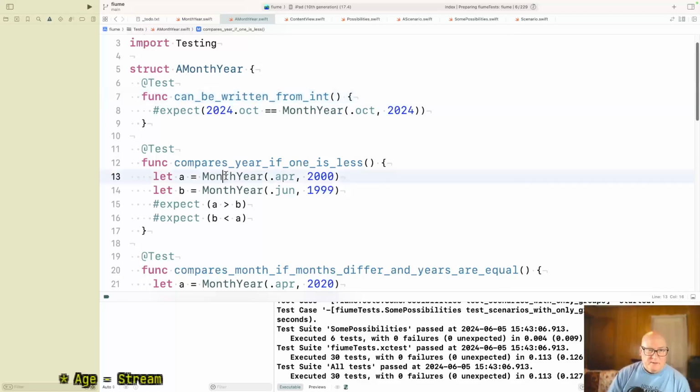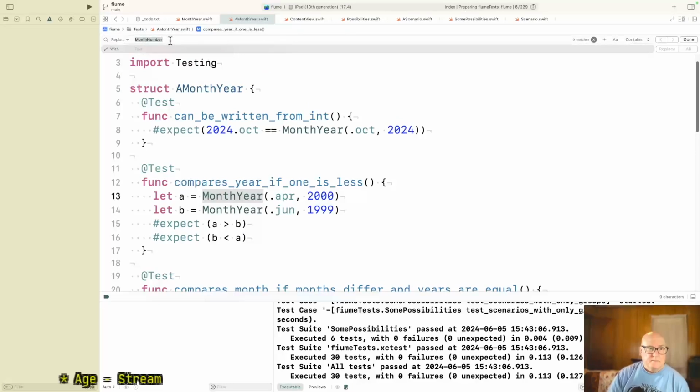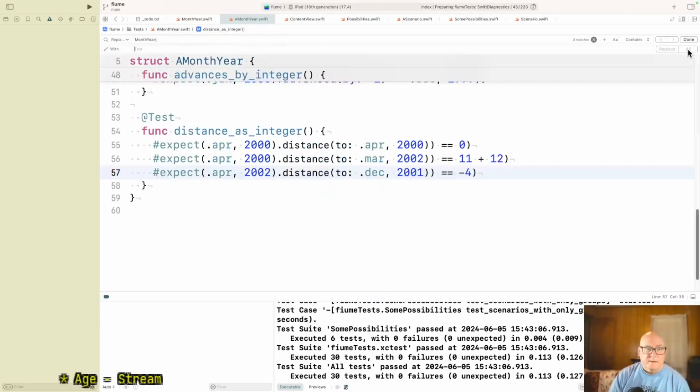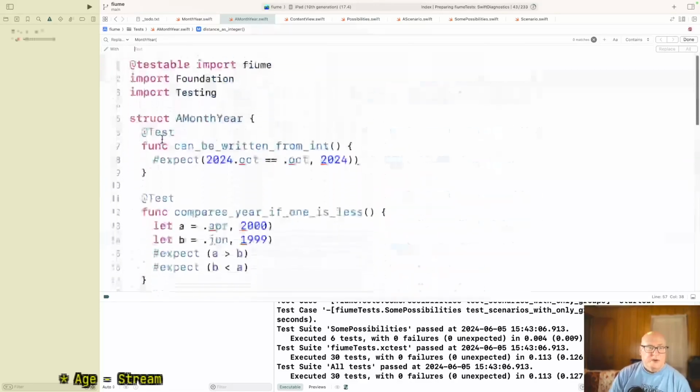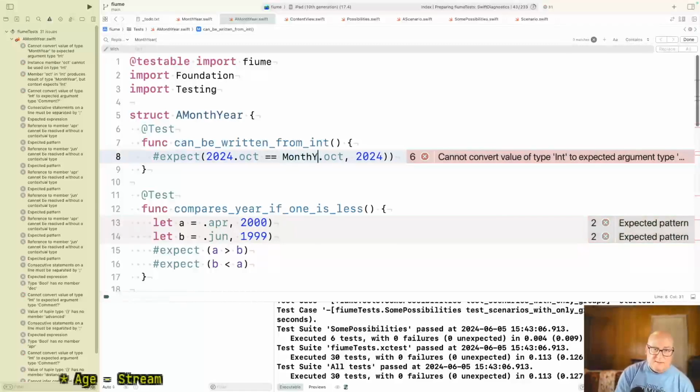All right, and then now these. Replace with that. It's going to break them all, but that's okay. This is the only one we want to keep.